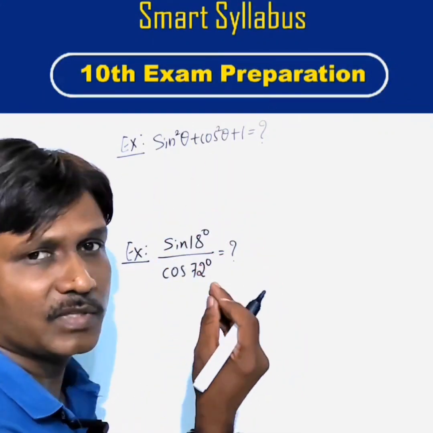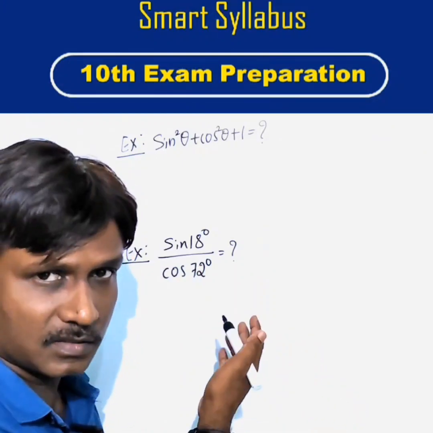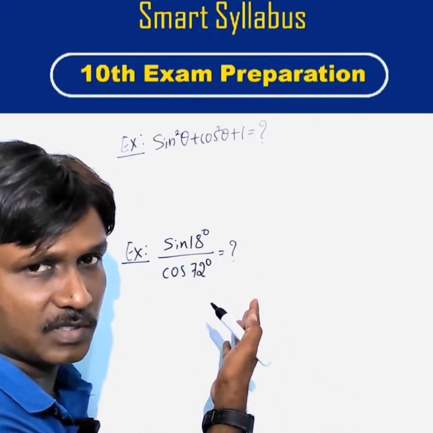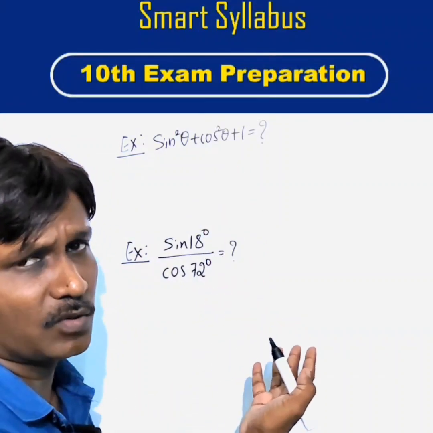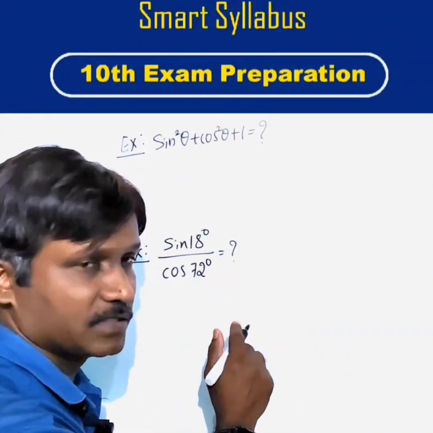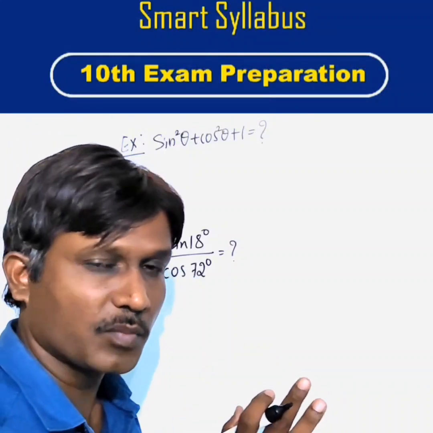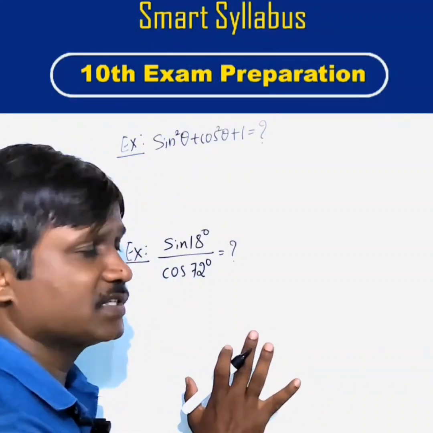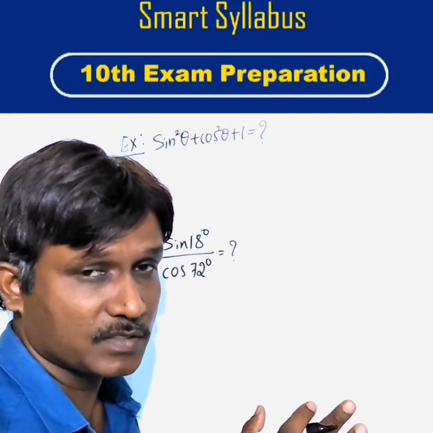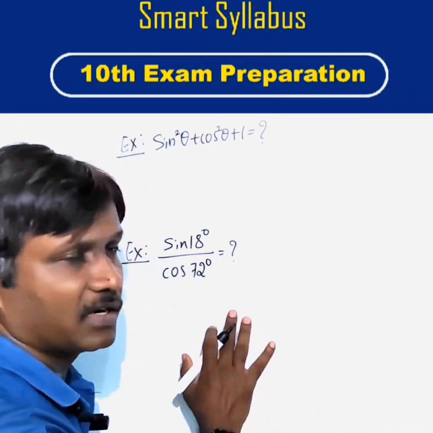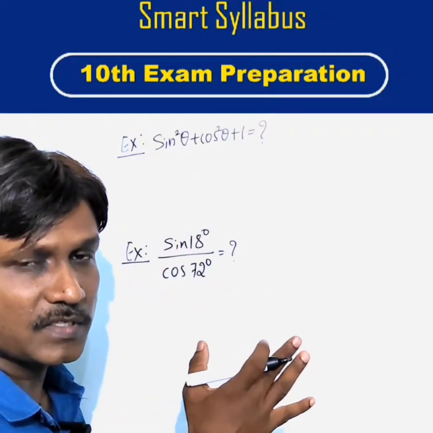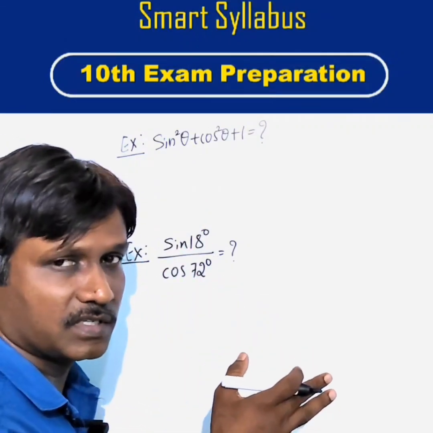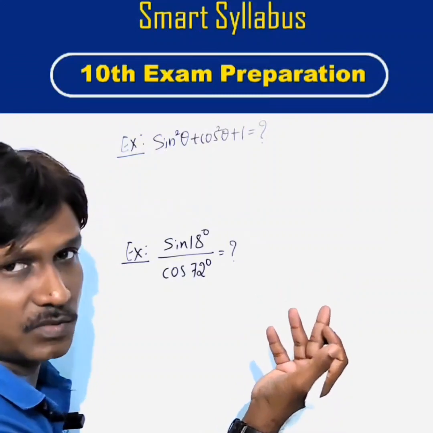Whether they are the objective questions we have learned in the shorts as well as in some long videos in the previous days, or 1 mark or 2 mark questions, one thing at least is clear: trigonometry depends upon formulas. Again and again I'm reminding you, if the formulas are perfect then definitely trigonometry is very easy. Now, sin square theta plus cos square theta plus 1 is equal to what? That is the question.